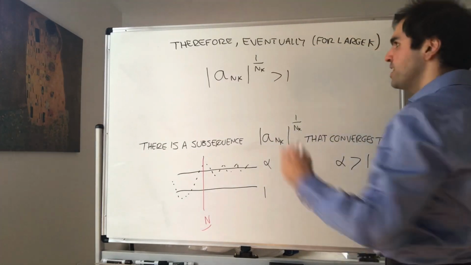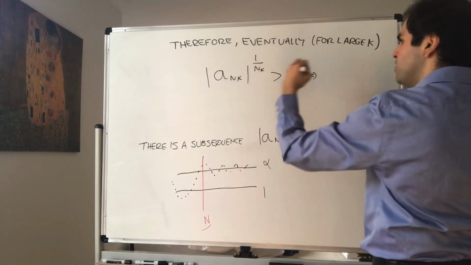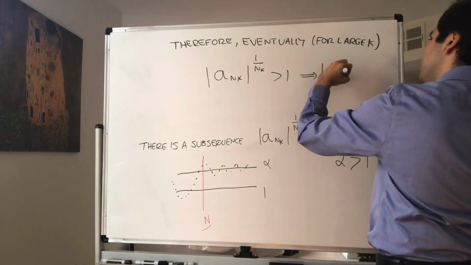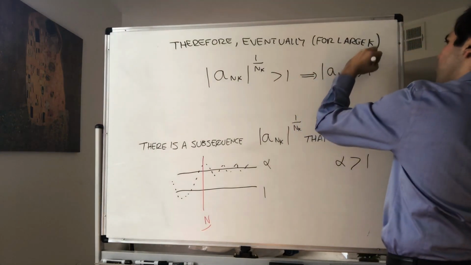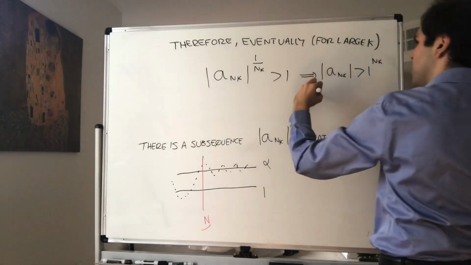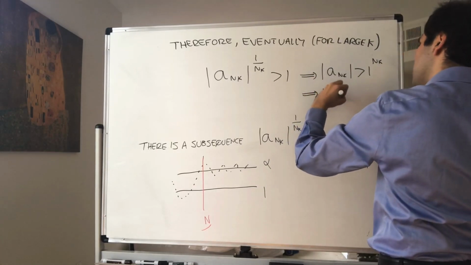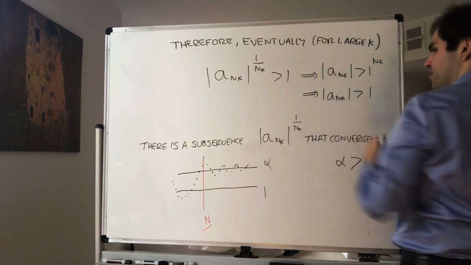Taking the nk-th power, we get a sub nk is bigger than 1 to the nk, and therefore a sub nk is bigger than 1.